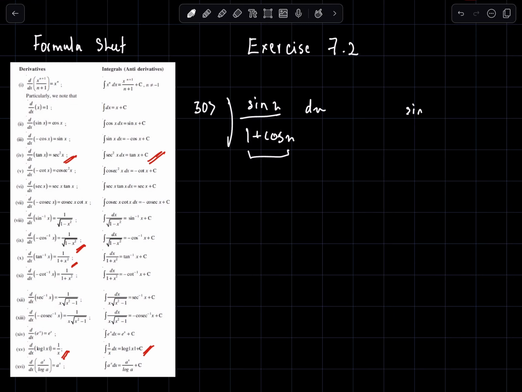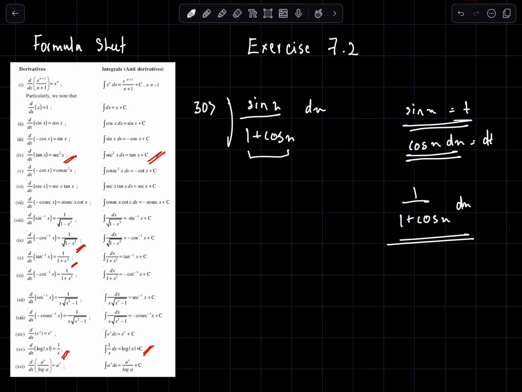So if let's do sine x is equal to t, supposing, and then you need cos x dx is equal to dt. Do you have cos x dx? No. You have 1 over 1 plus cos x dx. You don't have this, right? So it's not a good idea to substitute sine x is equal to t. That's all I'm saying.